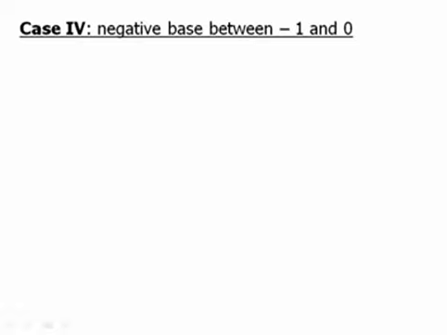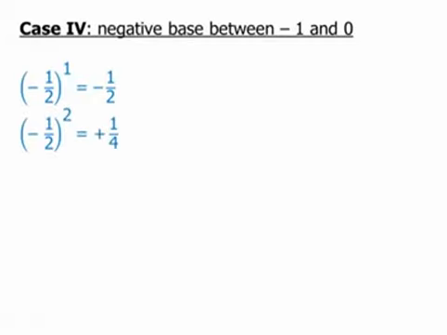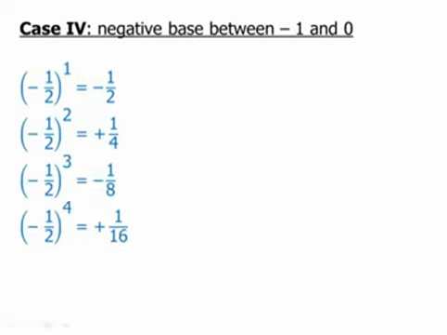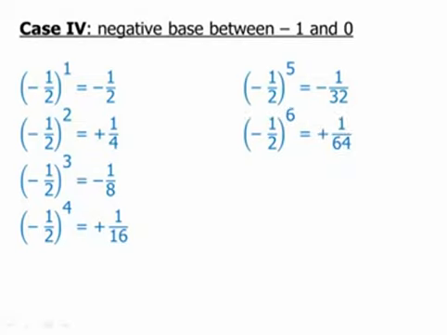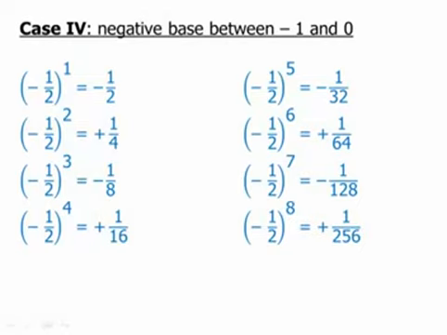So let's take -1/2. -1/2 to the 1 is, of course, -1/2. (-1/2) squared is +1/4. (-1/2) cubed is -1/8. (-1/2) to the 4th is +1/16. (-1/2) to the 5th is -1/32. To the 6th is +1/64. To the 7th is -1/128. And then +1 over 256.